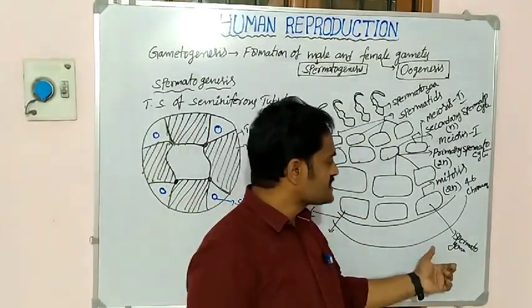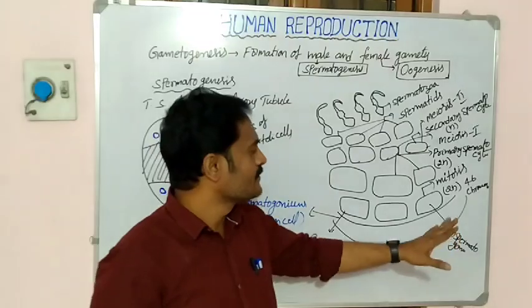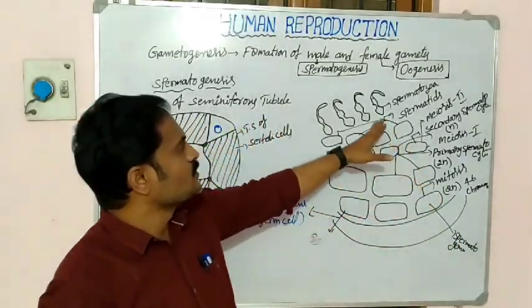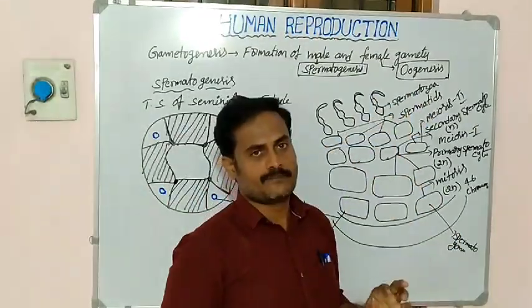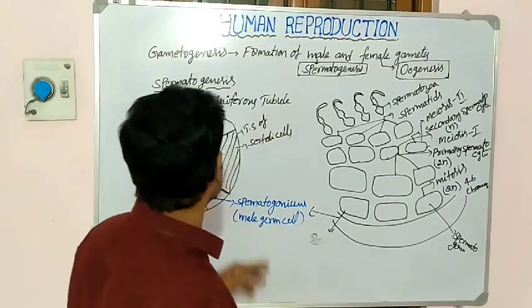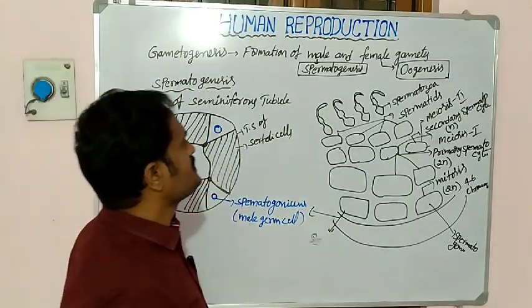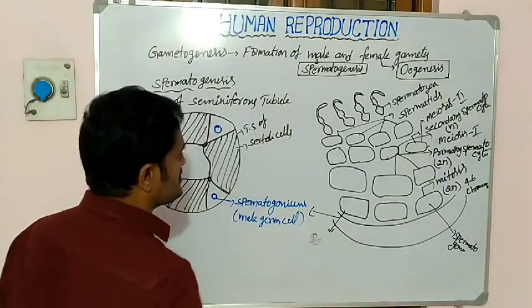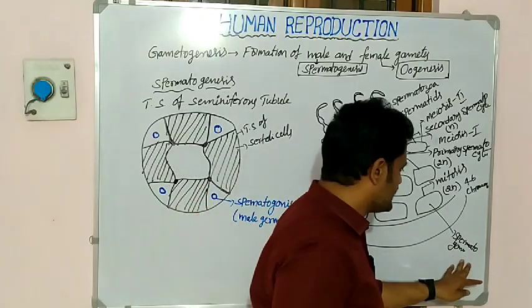The male germ cell spermatogonium develops into spermatozoa. This process is called spermatogenesis. So what is spermatogenesis?